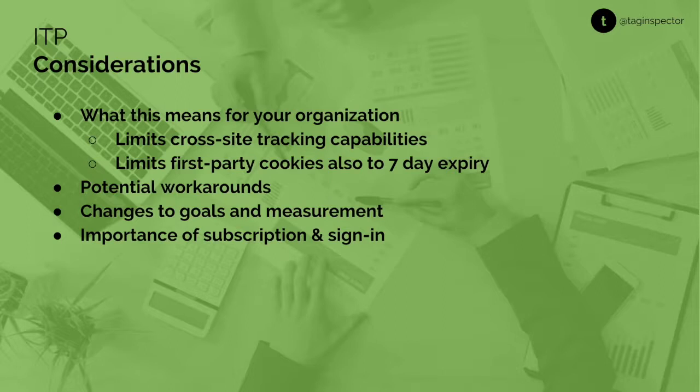That means changes to goals, changes to how you're measuring things, and potentially putting a highlighted importance on subscription and logging in. When a user logs in, obviously, you have a user ID that can be associated with that user. So it's going to be much easier to maintain that relationship and that visibility for those users, and maintain data collection for users under that scenario.